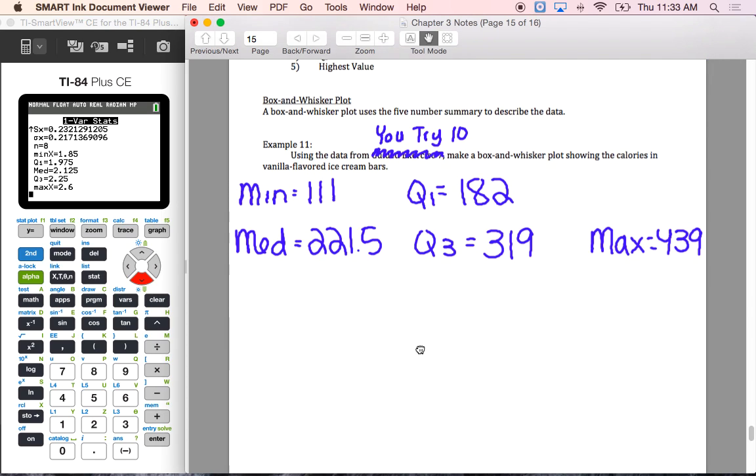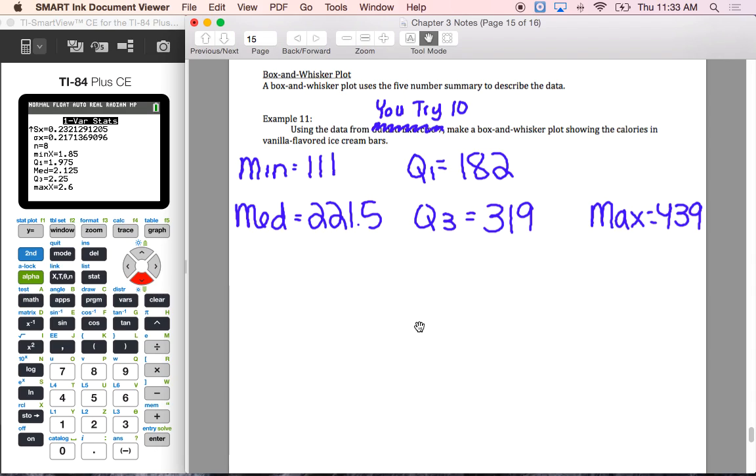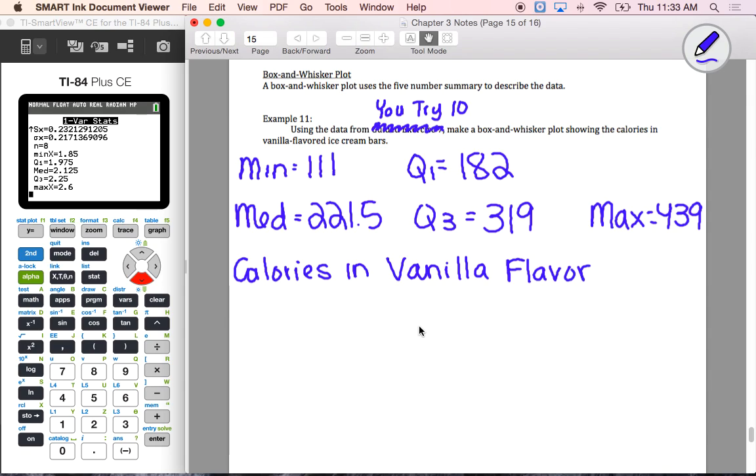Now, you need all of those numbers to make this box and whisker plot. When you make a box and whisker plot, make sure you still put down your title. What we're looking at from your You Try 10 were calories in vanilla flavored ice cream bars.